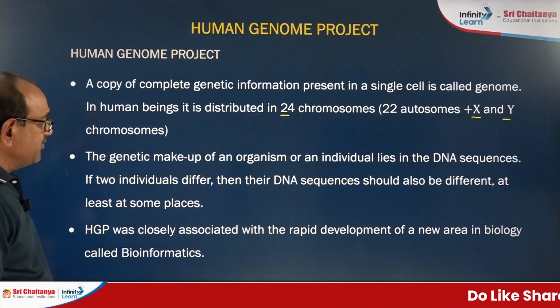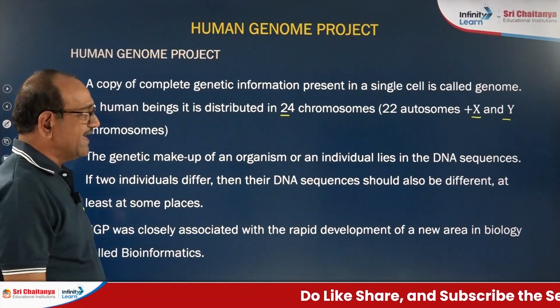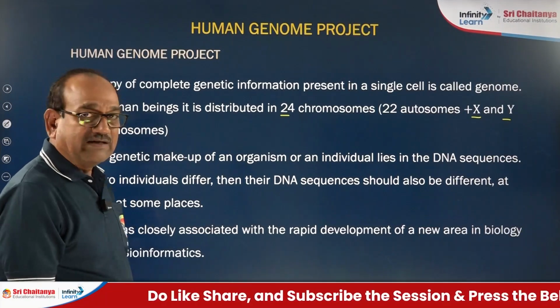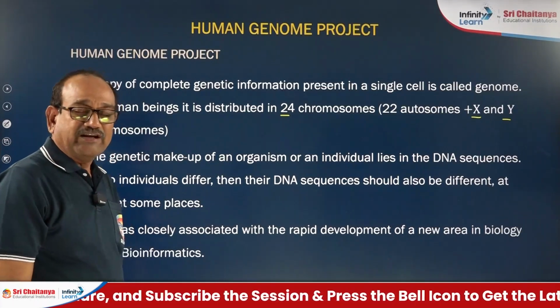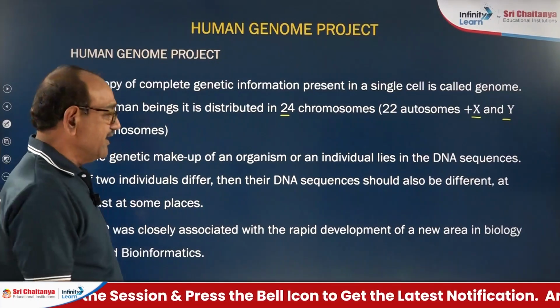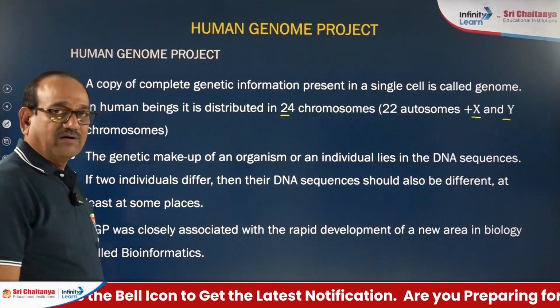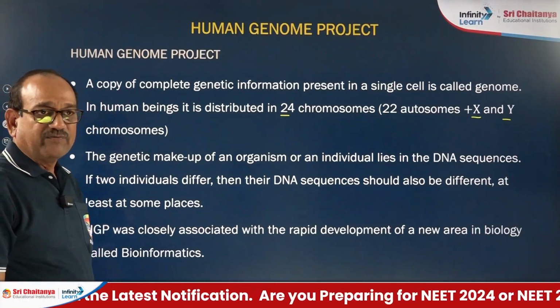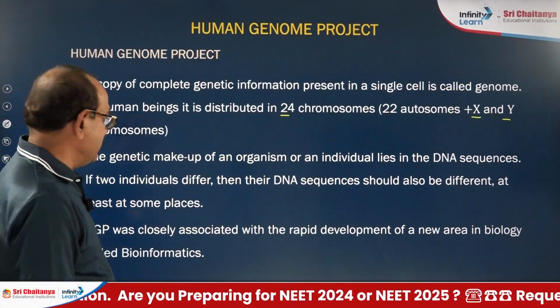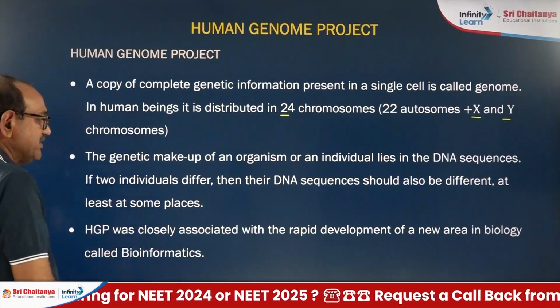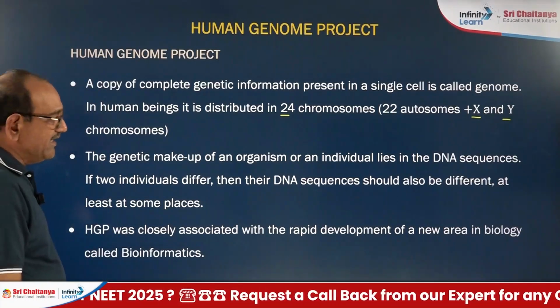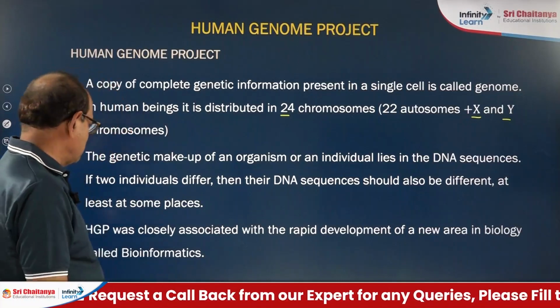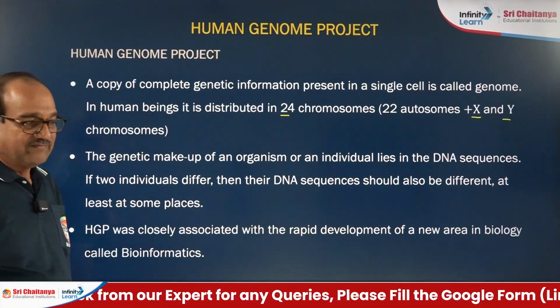The genetic makeup of an organism or an individual lies in the DNA sequence. DNA is the blueprint of life, and all aspects of an organism are in the form of coded information in the DNA. If two individuals differ, then their DNA sequence should also be different, at least at some points.